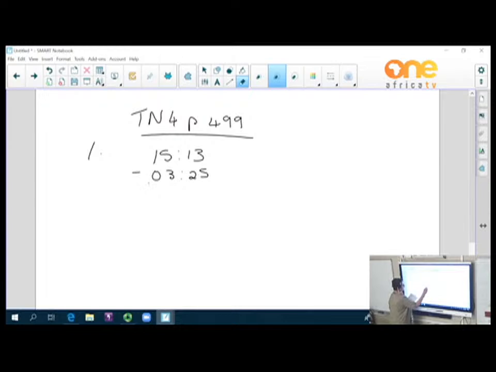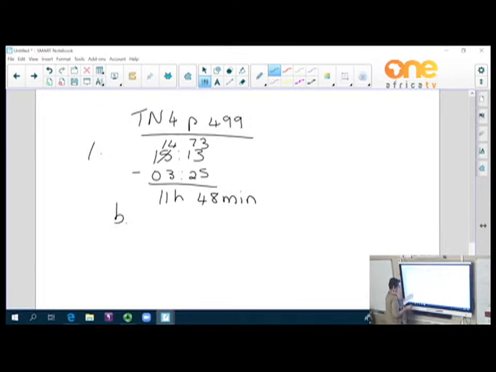And this is now where we need to remember that there's only 60 minutes in an hour. So it will then be 60, this will be 73. Then you can subtract the 25. You cannot just do it on the calculator. And the length here will be 11 hours and 48 minutes.